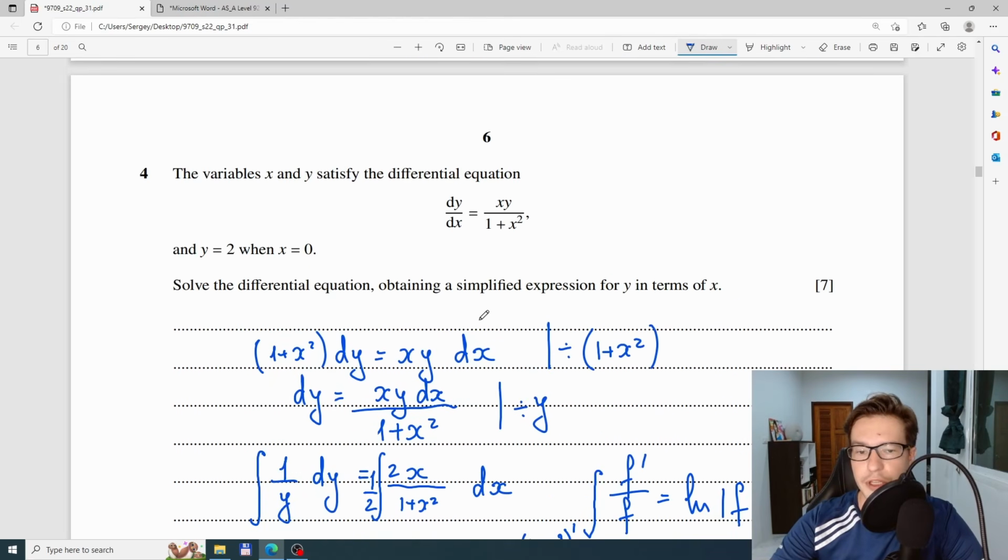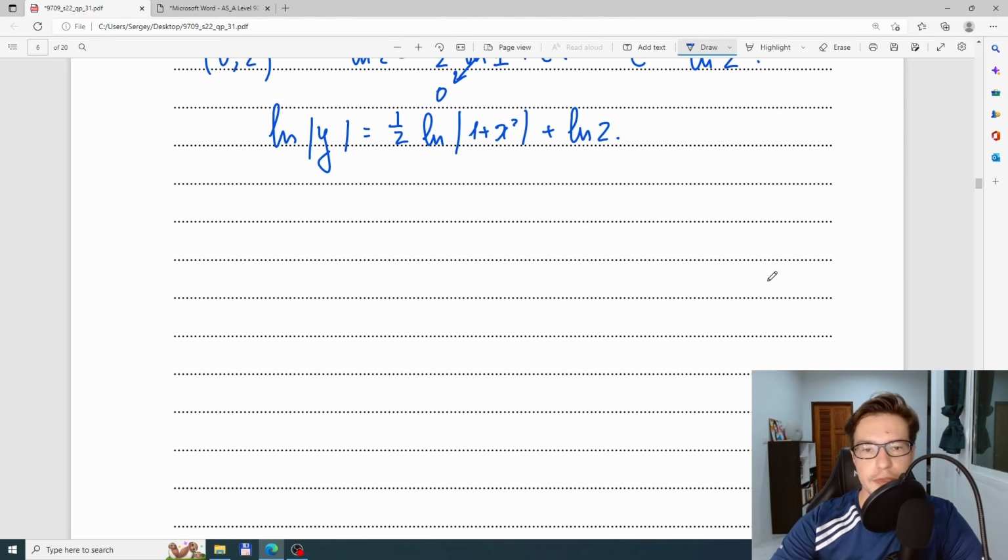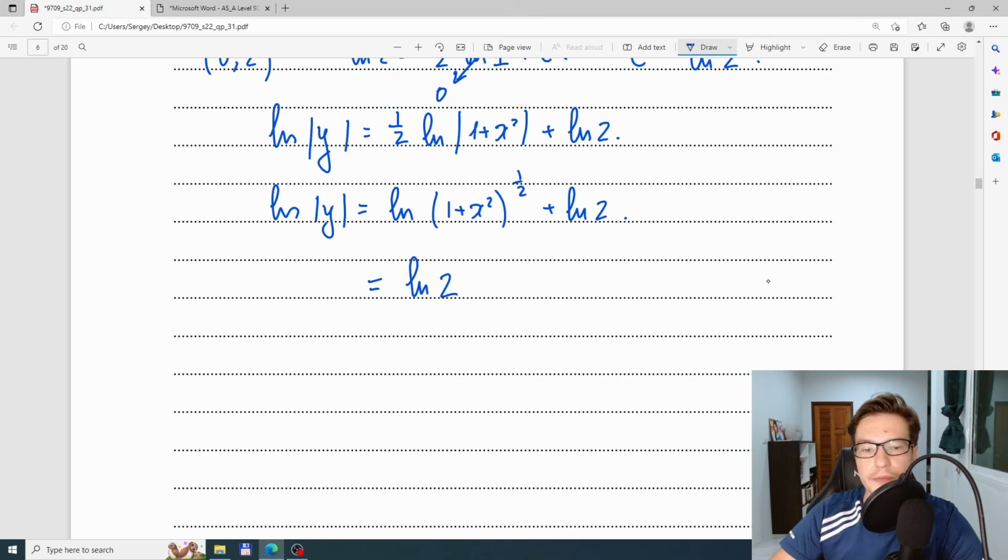Okay, what do we have to do? I have to obtain a simplified expression for y in terms of x. So let's combine all logs together, bring 1 over 2 up as the power of 1 plus x squared. Log y equals natural log of 1 plus x squared to the power of 1 over 2 plus log 2. Now, if you're adding logs, that means you can combine it as one.